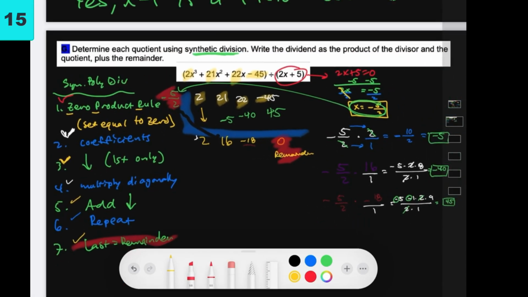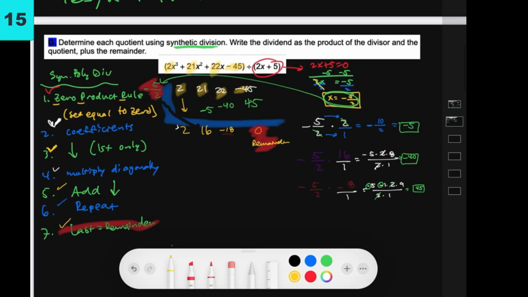Okay, so now it says write the dividend as or equal to the product. So that would be this one here.